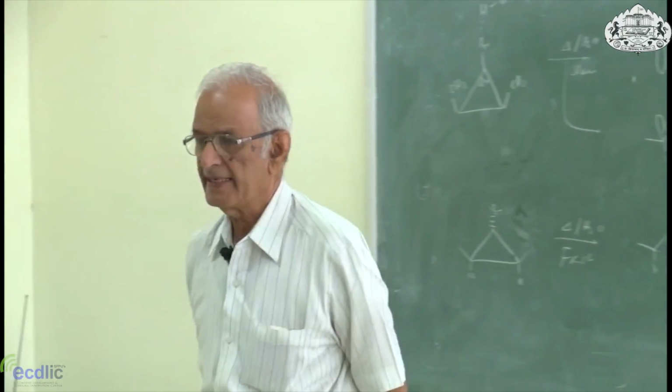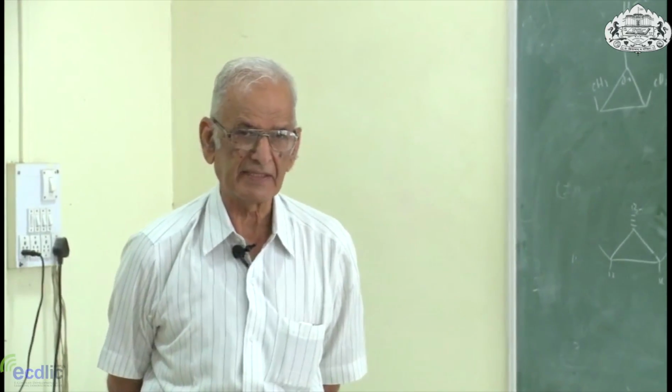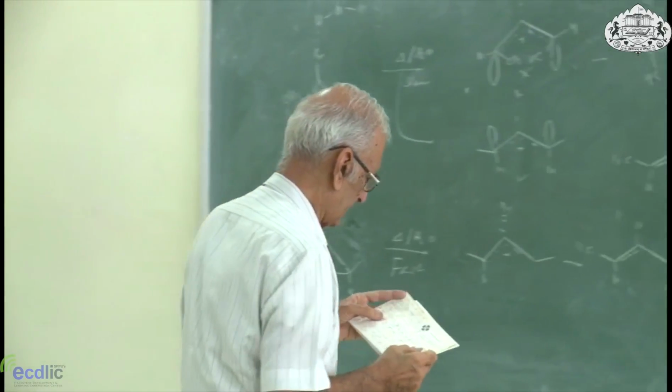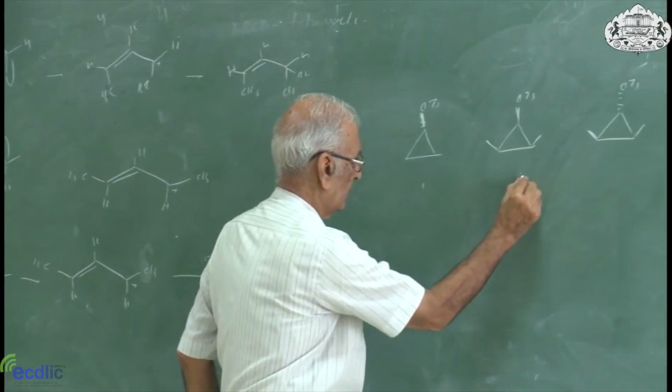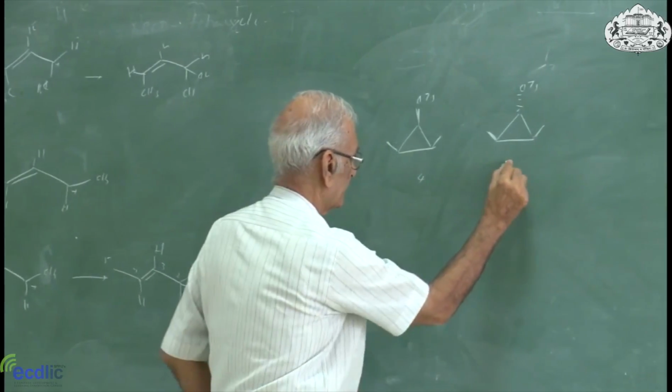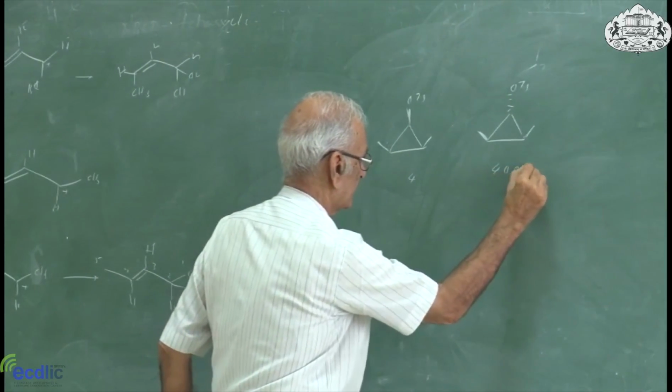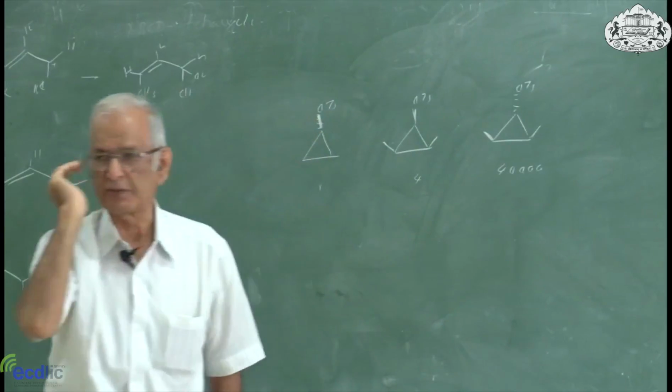If I compare the rates of reaction of this, relative rates, what do I find? Relative rates of reaction 1, 4, 40,000.